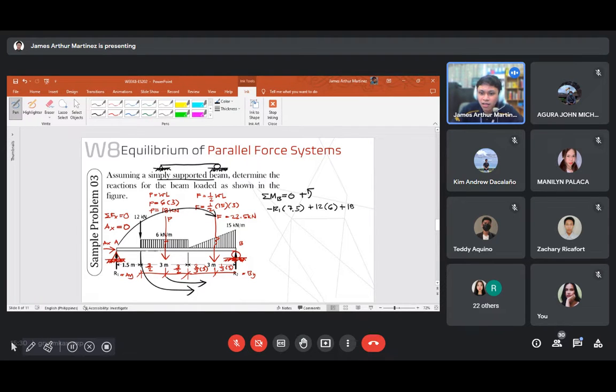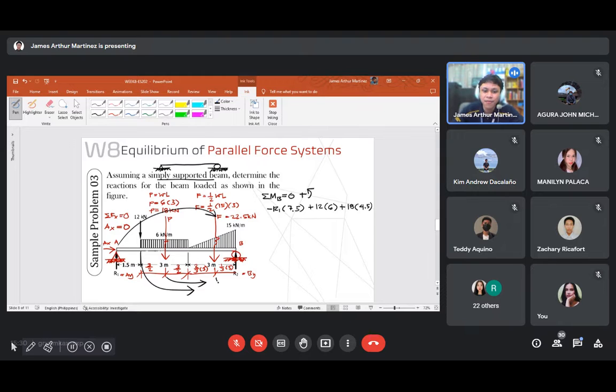So plus 18 times its moment arm, which is 3 plus 1.5, so 4.5. Right? So 3 over 2 is just 1.5, and 1.5 plus 3 is 4.5.